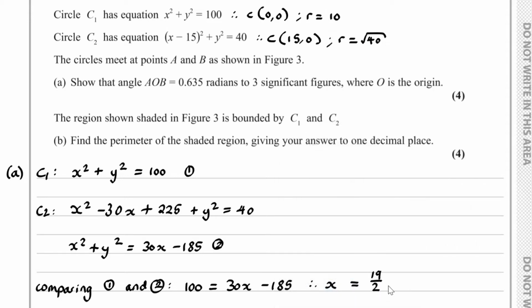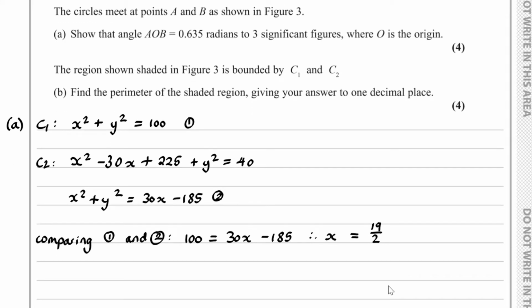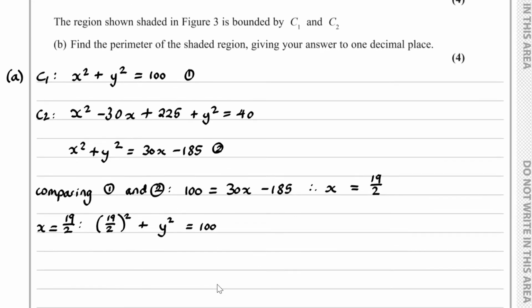Okay, and with this we can find the corresponding y coordinates by substituting back into equation 1. So when x is equal to 19 over 2, we have 19 over 2 squared plus y squared equals 100.